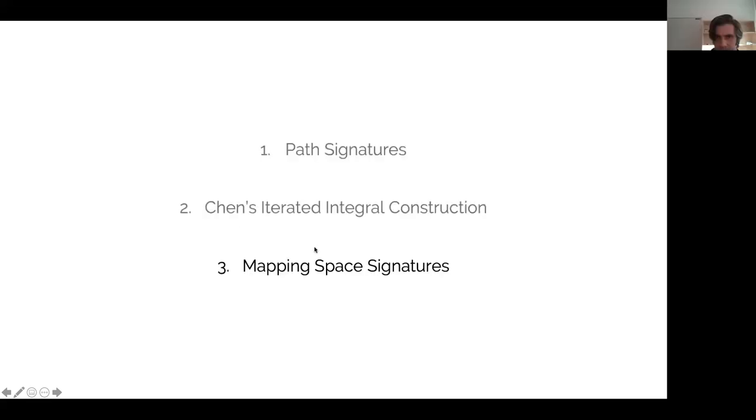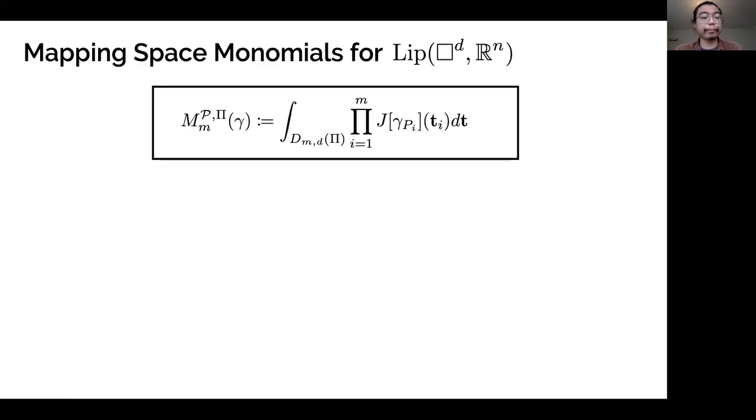All right. And so with this construction, we can define our analogous notion of these mapping space signatures. I'm going to start off by talking about mapping space monomials, which are the specific terms in the signature. Now that we've obtained a motivation for how we want to define these monomials, I'm going to return to the setting of Lipschitz maps, primarily because we want to be able to talk about maps of lower regularity than being completely smooth.